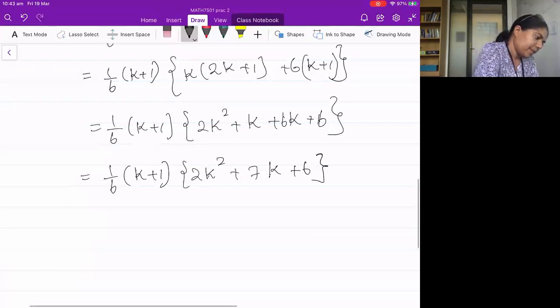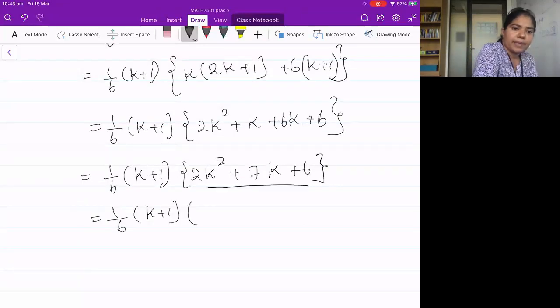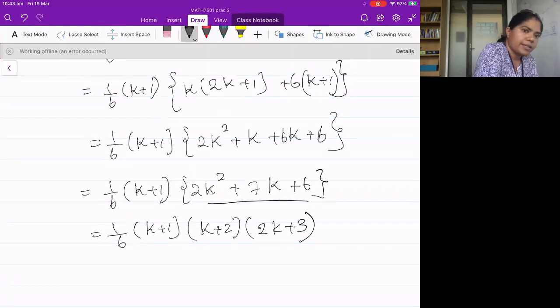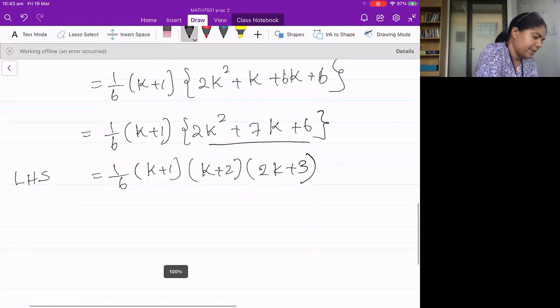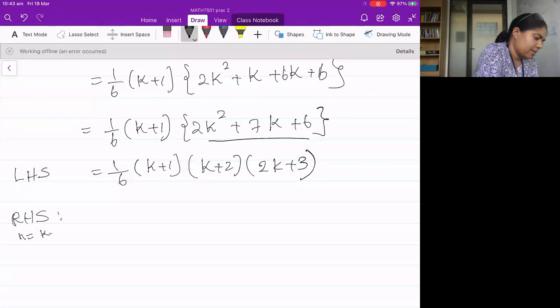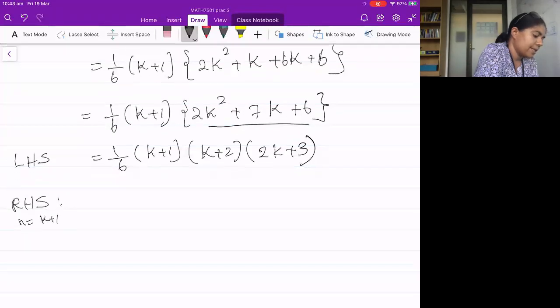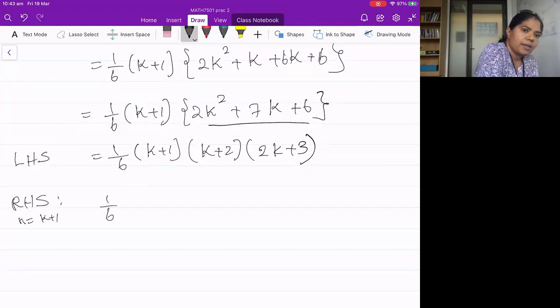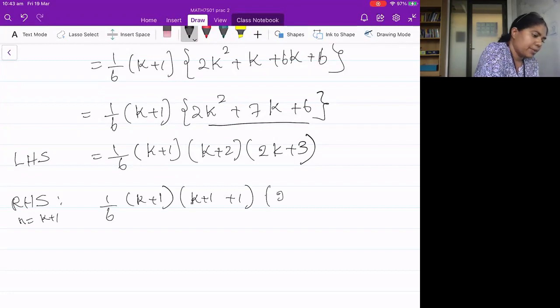Okay, now is it true for the right hand side? When you apply the right hand side formula for k plus 1, it is given by 1 by 6. n is now k plus 1, so k plus 1 plus 1, 2 times k plus 1 plus 1.